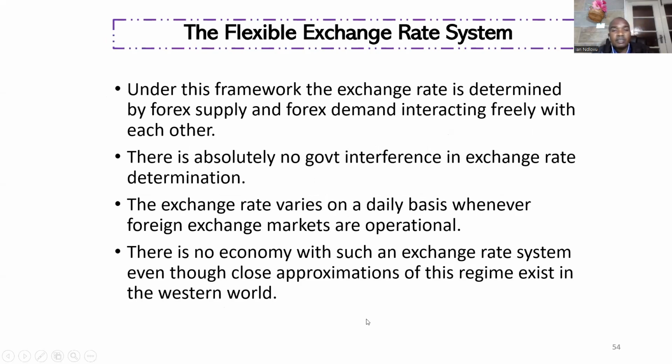Under this framework, we've then got the flexible exchange rate system, which is determined by Forex supply and Forex demand interacting freely with each other. There's absolutely no government interference in exchange rate determination. The exchange rate varies on a daily basis whenever the foreign exchange markets are operational.